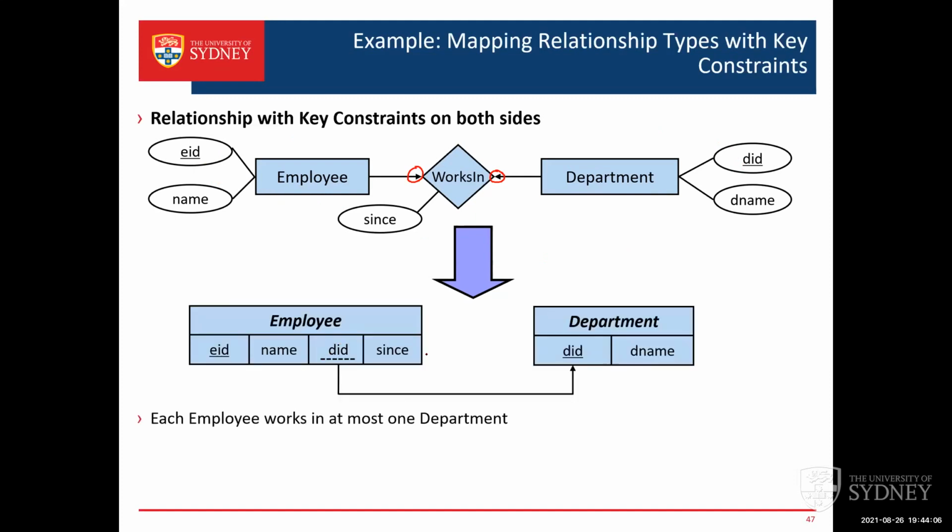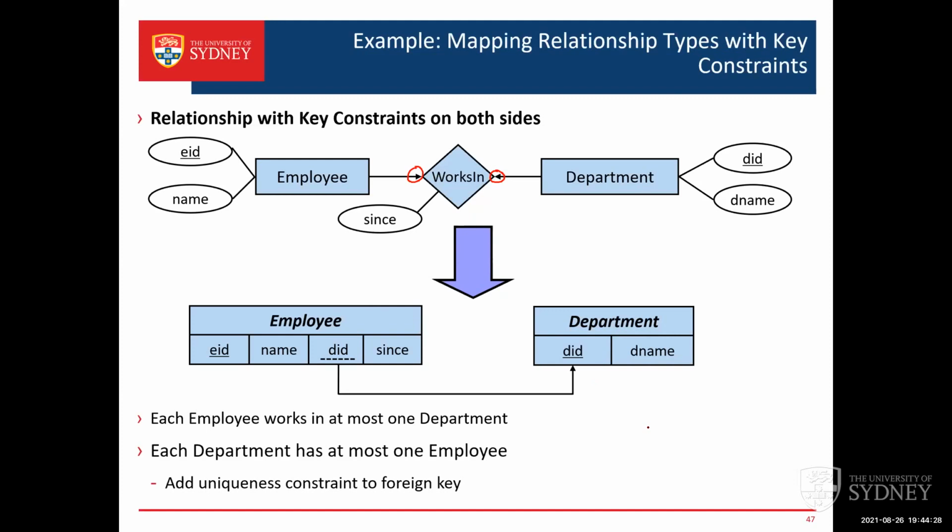I can take department ID and put it into employee table, or I can take employee ID and put it into department table. Both are correct because I have 1-to-1 relation in here. One employee can work in at most one department, and a department can have at most one employee. So in that case, either one will be fine. Hopefully making sense.